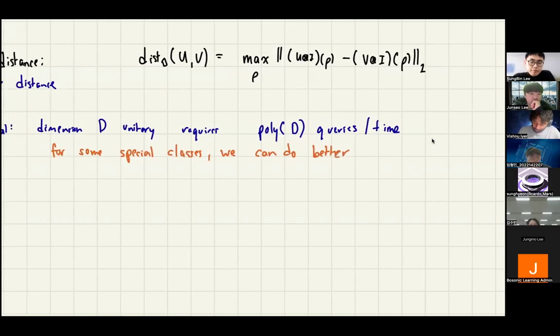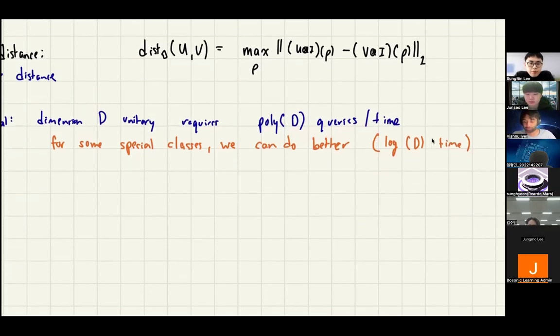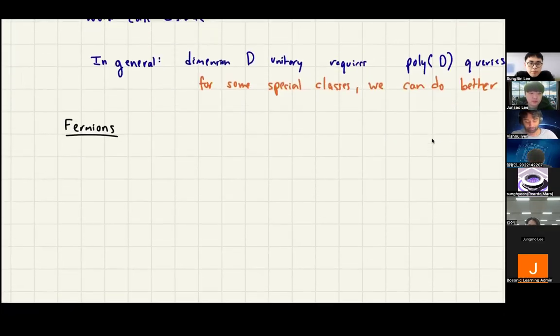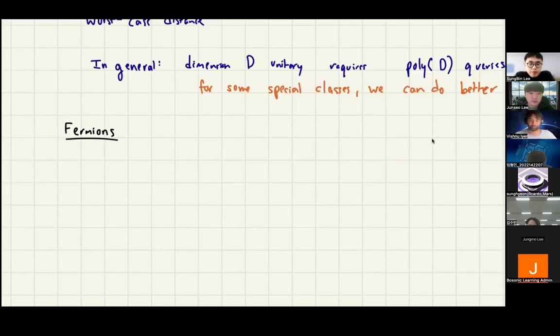What do I mean by better? We can get logarithmic in D time. And if it takes logarithmically in D time, it also takes logarithmically in D queries. Okay? So the goal is to find classes of unitaries such that this is possible. And we're going to find those in the world of fermions.